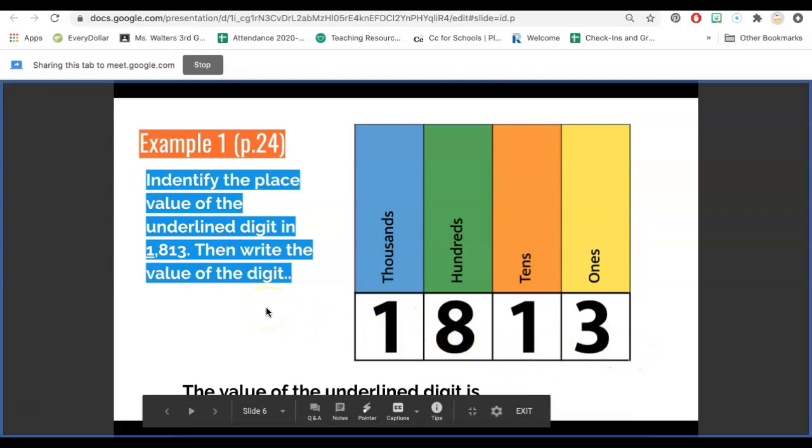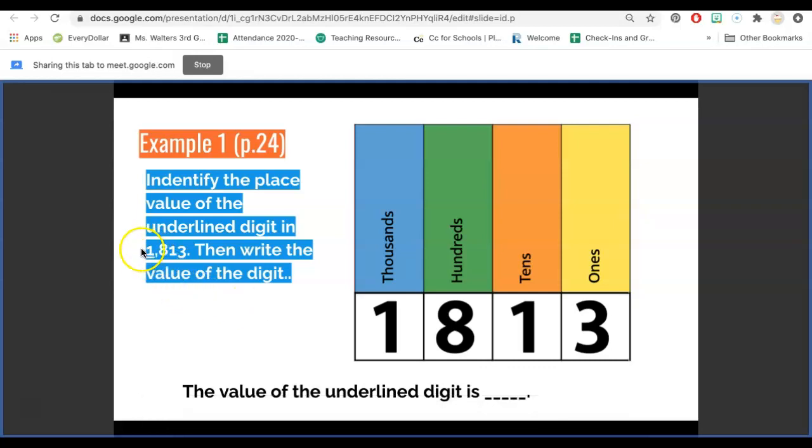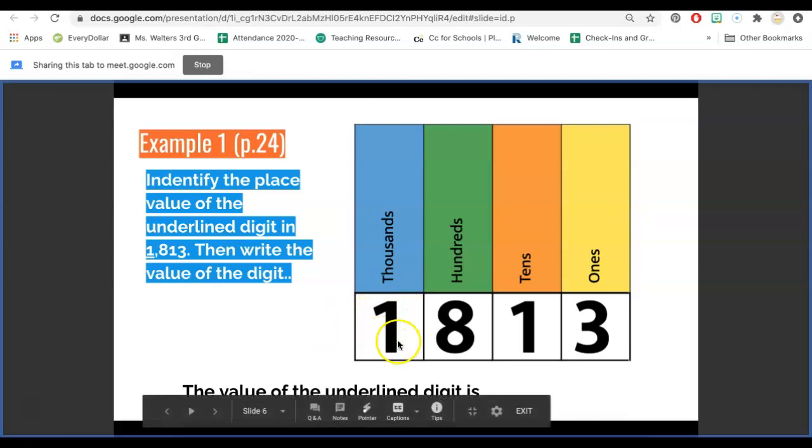And it's asking us to find the place value of the underlined digit. And they have underlined the 1 there, that 1. So how can we figure out what the place value of that 1 is? Well, if I look here, I see that it's in the thousands place.